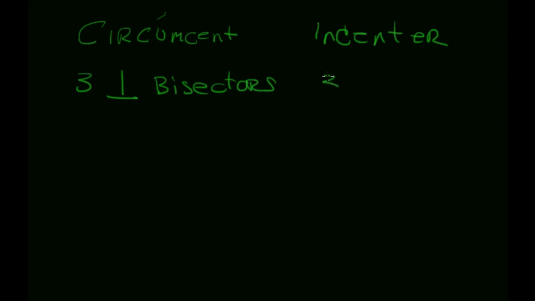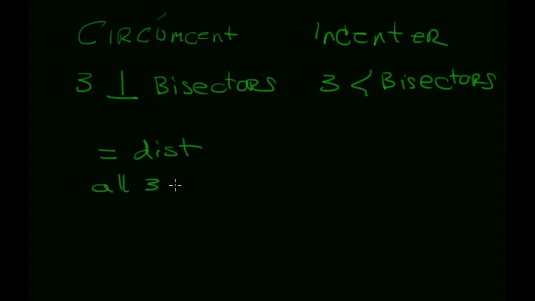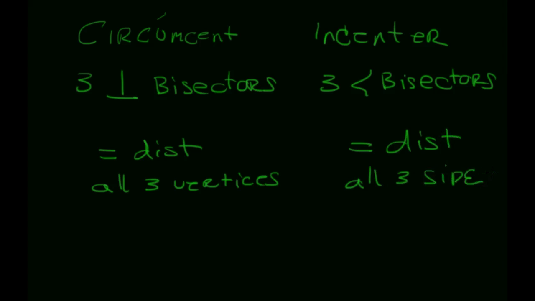The in-center is where the three angle bisectors intersect. The circumcenter is equally distant from all three vertices. The in-center is equally distant from all three sides. Alright, so there we go. This is what we need about the circumcenter and the in-center, and next time around we will get the centroid and the orthocenter.